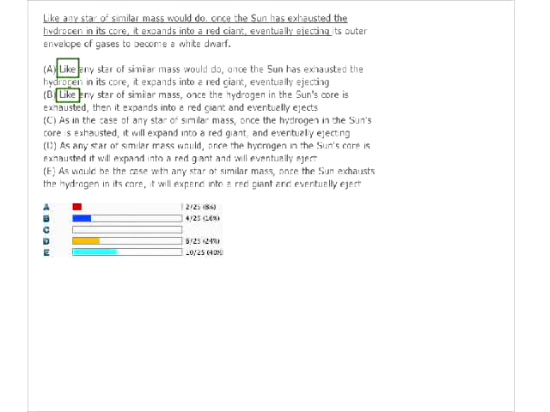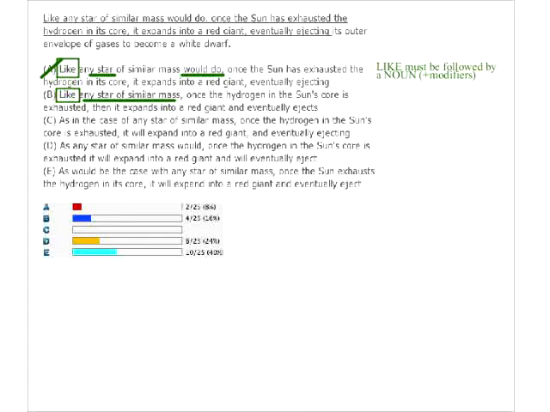Yeah, it has to be followed by a noun, or perhaps a noun plus modifiers, but definitely a noun. So the problem is that "any star of similar mass would do" is not a noun, that's a clause. That's a subject and a verb. So this is not okay.